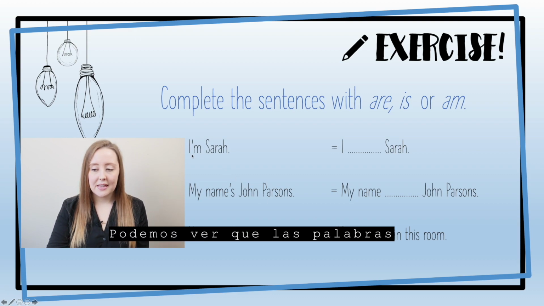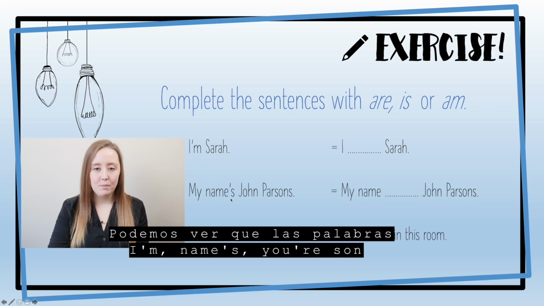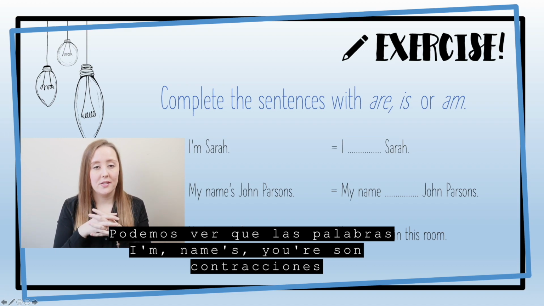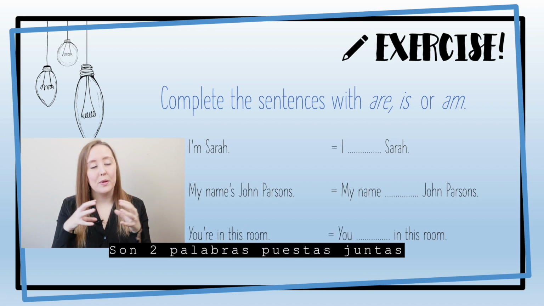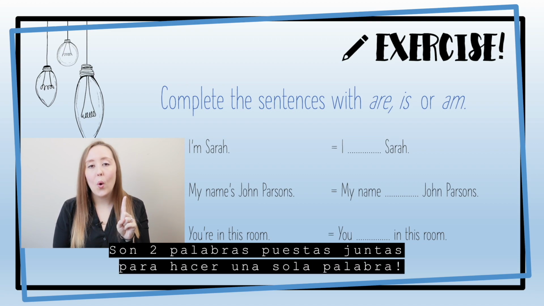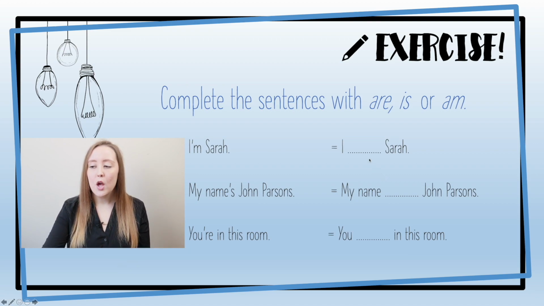You can see these words, I'm, name's, and you're are contractions. They are two words that we put together to make one word. Which words have we put together? I am Sarah.